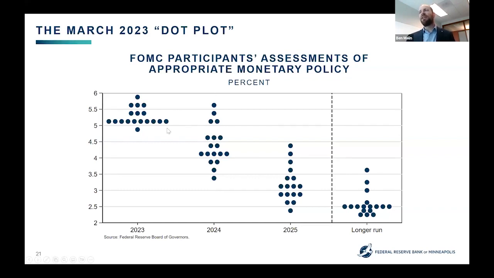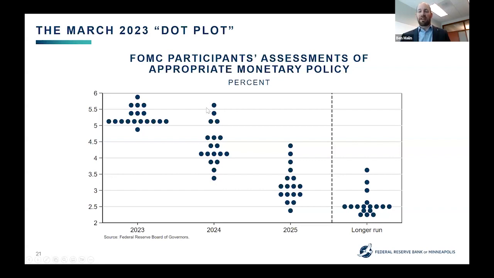So you see the median of the committee is moving down here. It's around 4.3%, but there's a range of views. Some, I would imagine, think inflation is going to be dropping off quite strongly, or the economy is going to be weakening considerably, and so there's the ability to lower rates quite a bit.